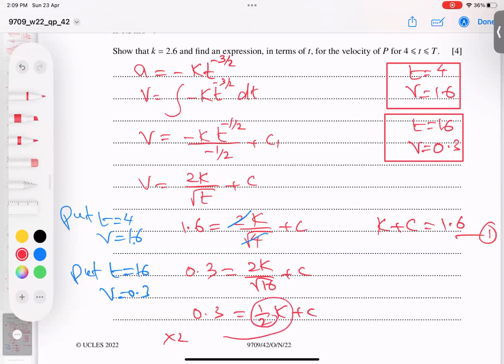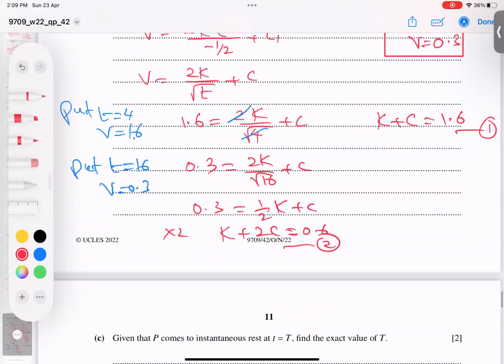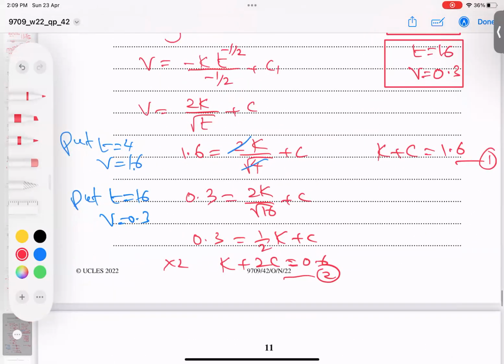A half times 2, this 2 cancels, I get k. Then I get 2c, and times 2 on the other side I get 0.6. So I got equation number 2: k plus 2c equal to 0.6. So naturally the sign changes, and this cancels out.